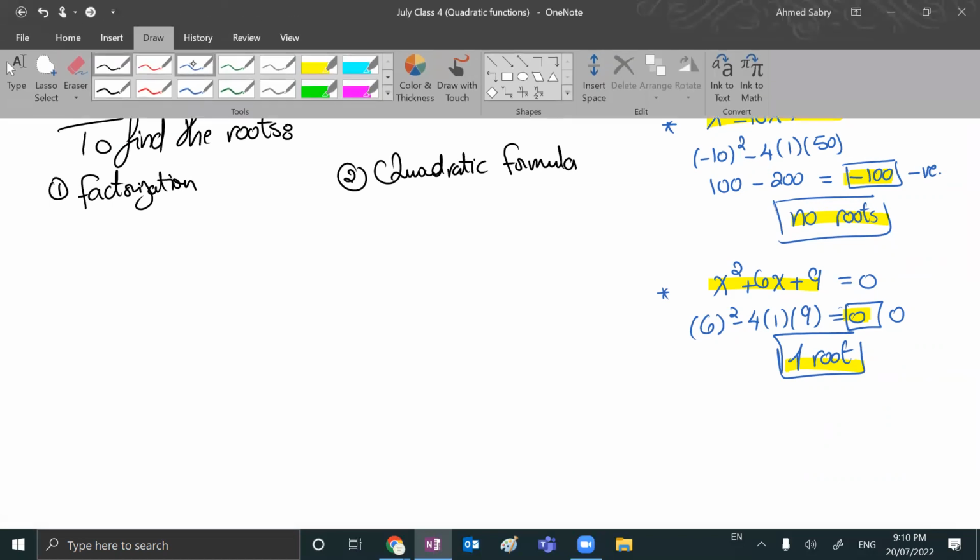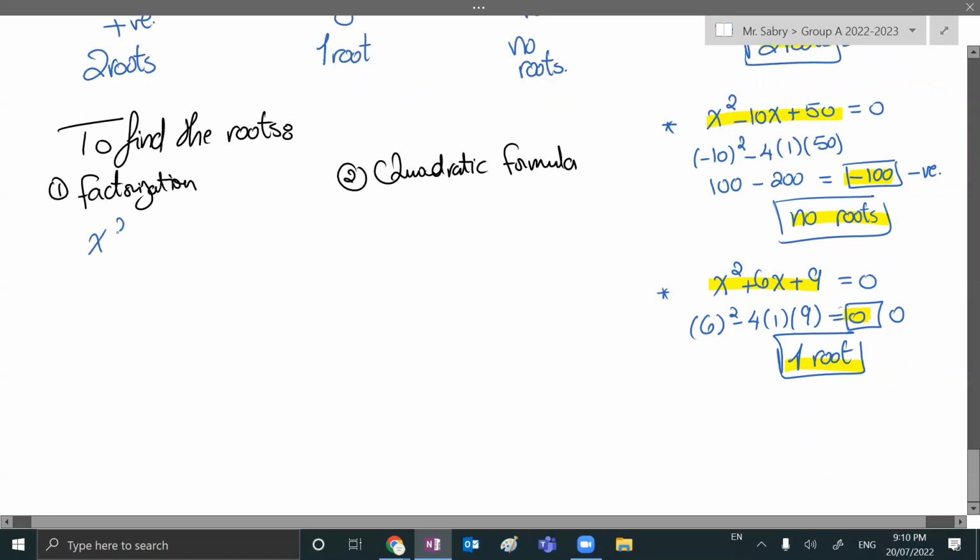By factorization. So let's say, for example, you have x squared, as we said, minus 6x plus 8. How do I factorize this? We said earlier that this number is the product of the solutions, while this number is the sum of the solutions.